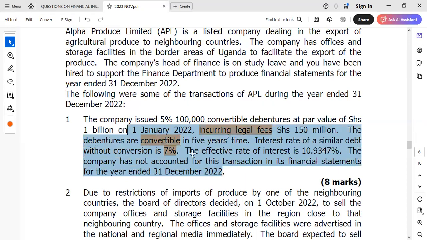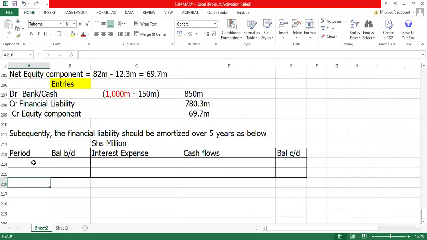Don't waste time looking at all 5 years. Just look at the time you issued the debenture and the time you're preparing the records, stating your financials. So it will be at the end of 2022.